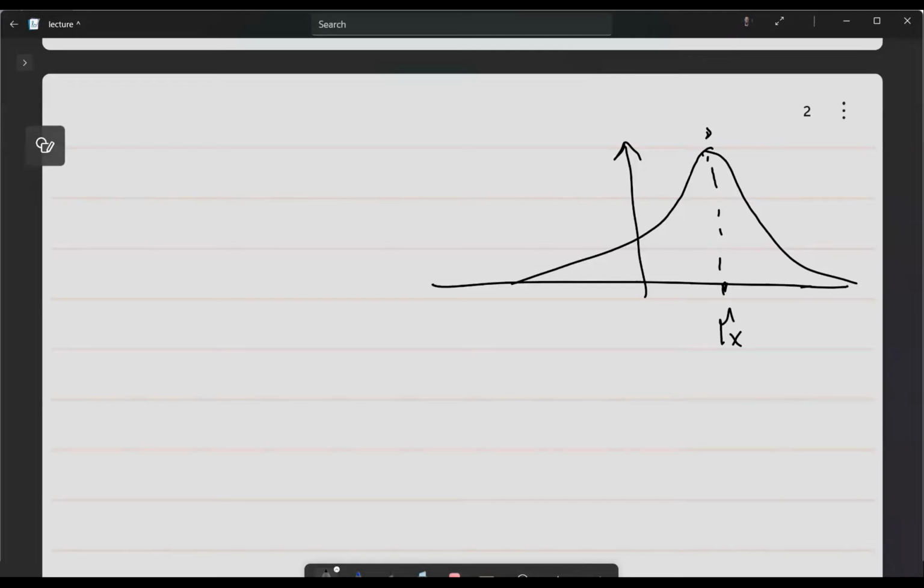If we take the Rayleigh distribution, the peak is not the mean, but the peak is always the mode. But in the case of the Gaussian distribution, the mode is the same as the mean and the same as the median.